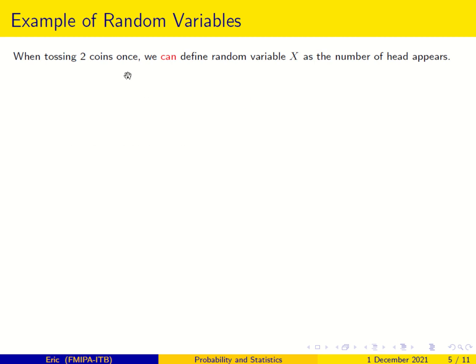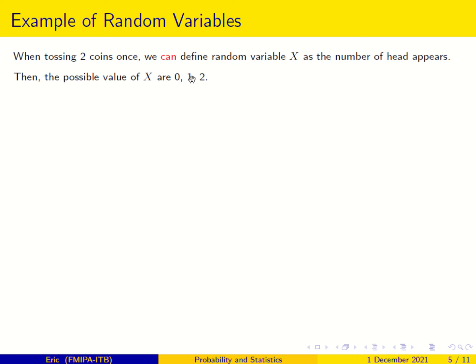When tossing two coins once, we can define random variable x as the number of heads that appear when we toss two coins. Then the possible values of x are 0, 1, and 2. What does 0 mean? It means the number of heads that appear when tossing two coins once is 0, so it means tail, tail.